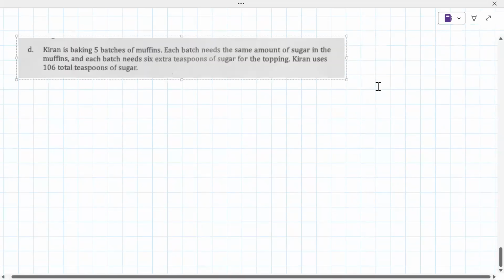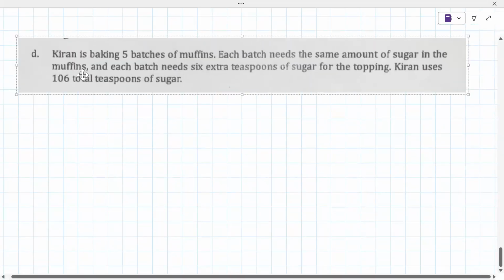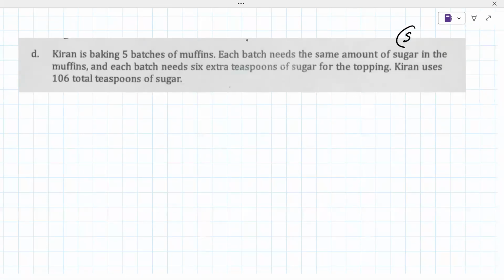So let's take a look at these one more time here. I feel like maybe I missed something here. It says K is baking 5 batches of muffins. Each batch needs the same amount of sugar, so we'll call that S. The amount of sugar is S in the muffins. But then she's going to add 6 to each batch. So for the first batch, how much sugar does she need? S plus 6.